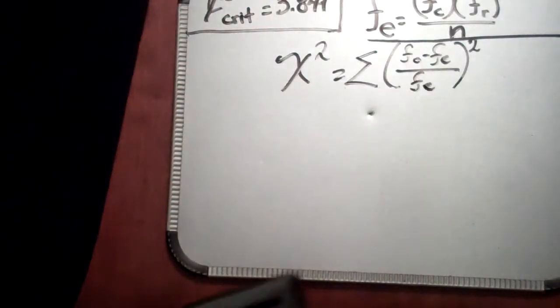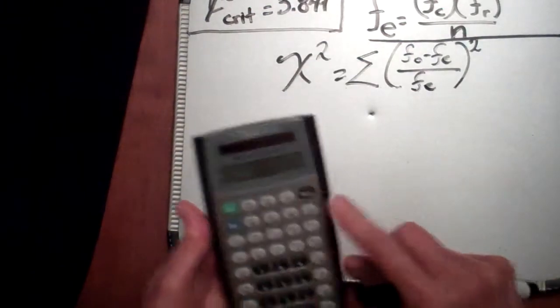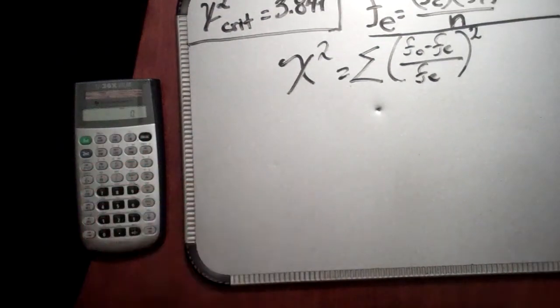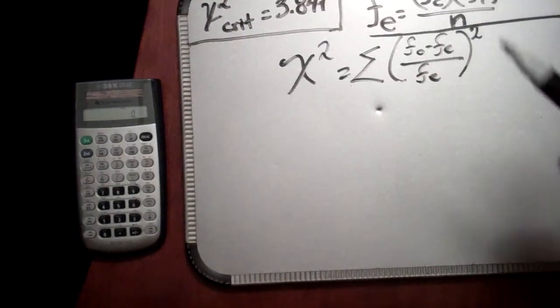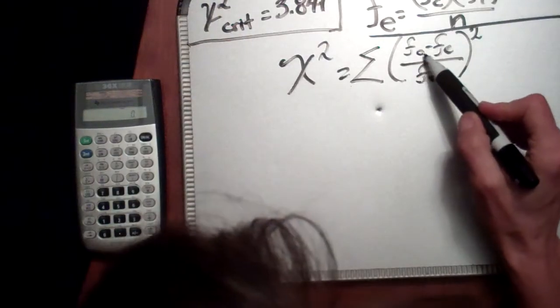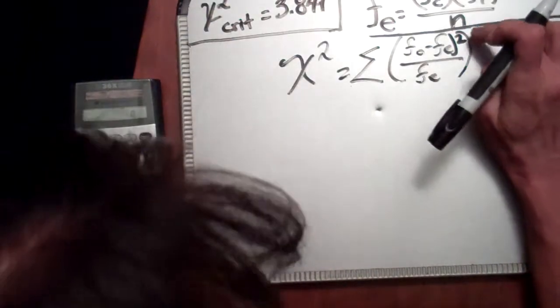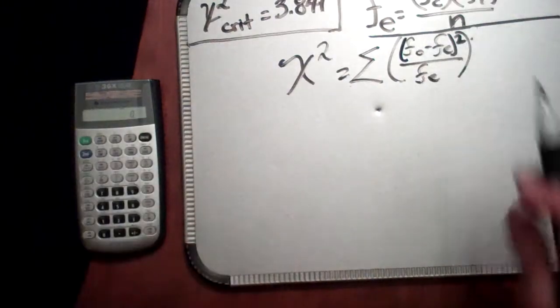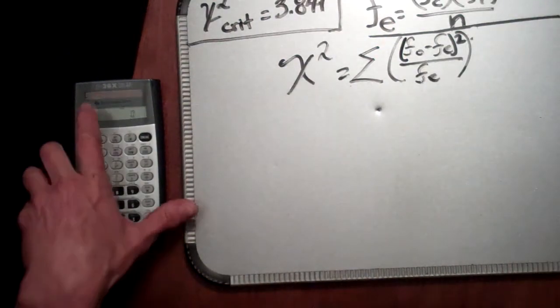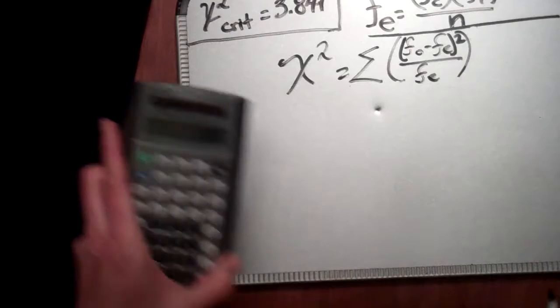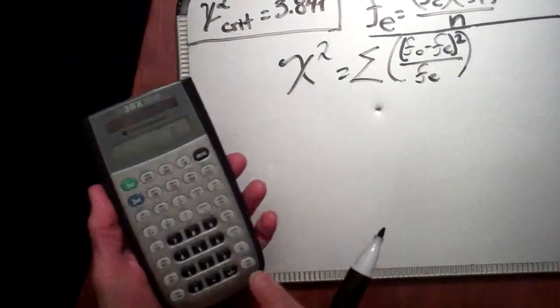So let's go on now and calculate our chi-square. Now the formula for our chi-square is the same as it was previously. It's simply the sum of the frequency observed minus the frequency expected, squared, divided by the frequency expected.